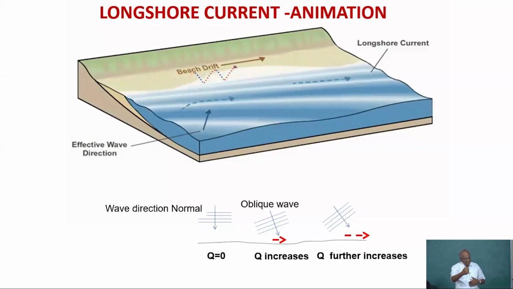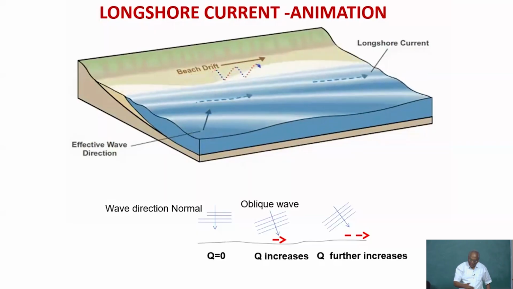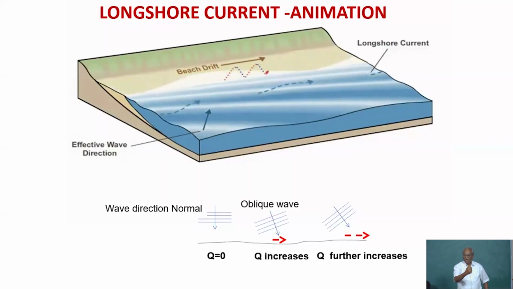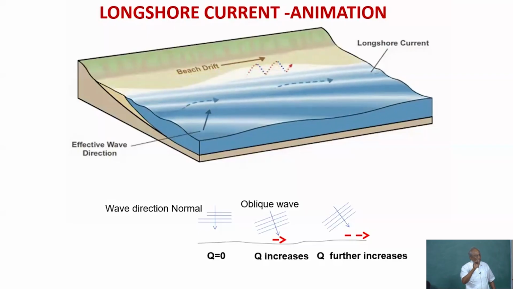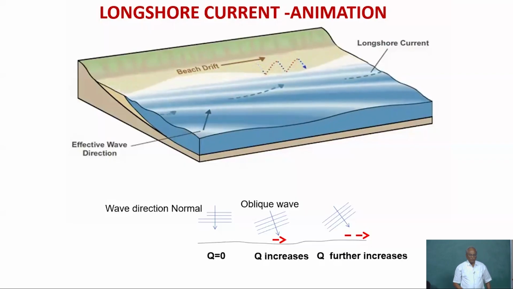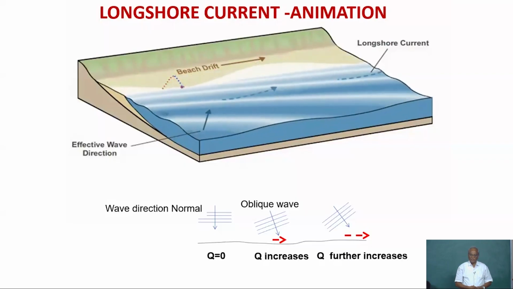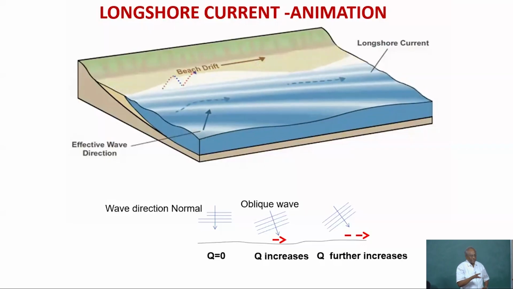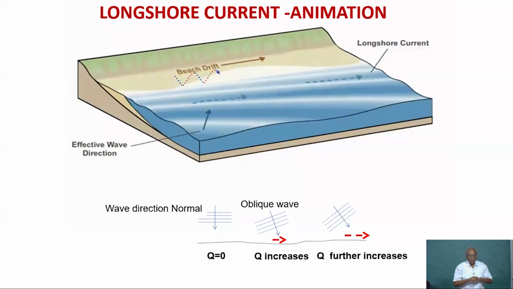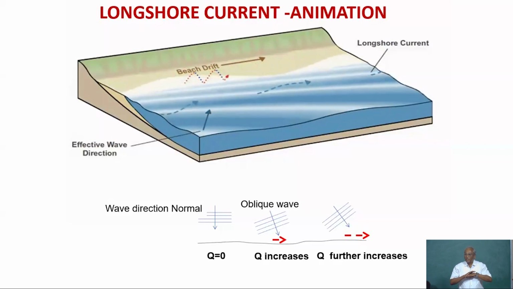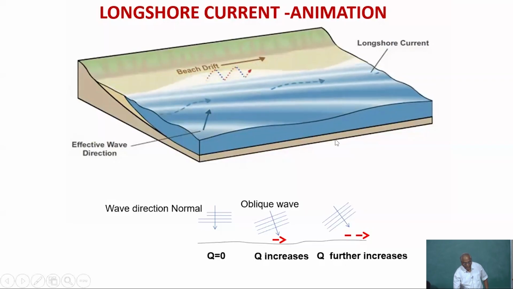So when you have cross shore and longshore, that means sand is moving along the coast as well as normal to the coast. That is very important. Before you really jump into a coastal protection measure, this is the one thing which you need to assess. If you make some mistake, then the coastal protection measure you are planning is going to be totally ineffective. So this is what is explained.